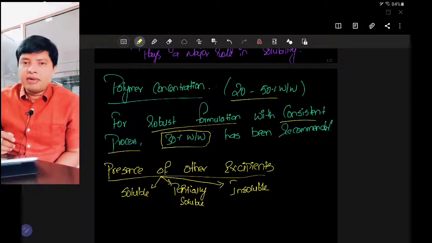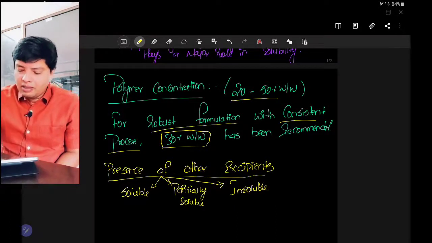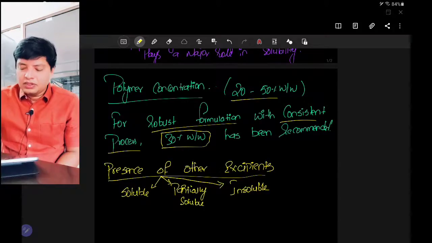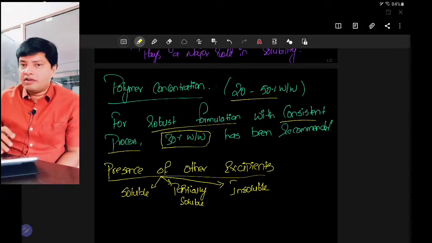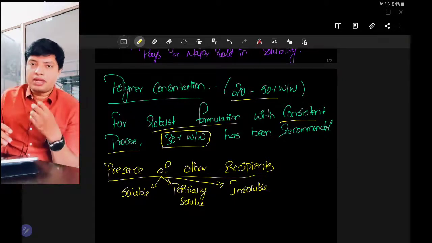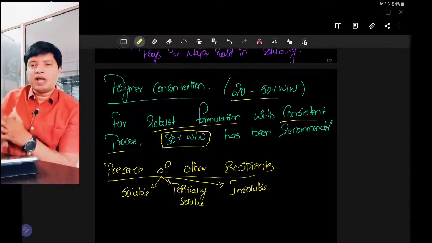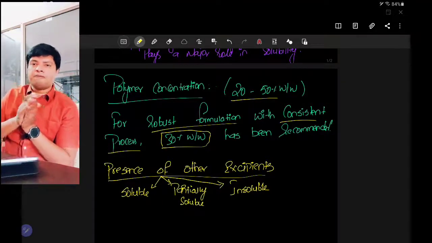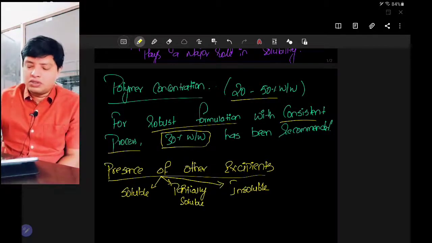It has been recommended for the polymer. Also regarding the polymer, we have hydrophobic polymer and hydrophilic polymer. If you use hydrophilic polymer, it will swell and release the drug. So likewise, polymer is also going to affect the designing of your controlled release dosage form.